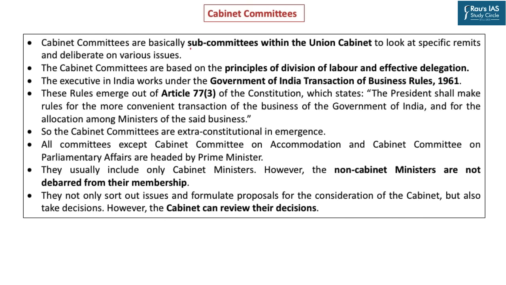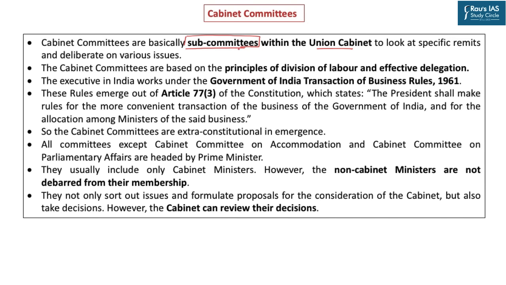Cabinet committees are basically subcommittees within the Union Cabinet. The purpose is to increase the efficiency of working of the Union Cabinet. Smaller groups are made, these are called subcommittees, to look into specific issues so that there is some in-depth analysis of the issue. Decisions can be fast and effective.